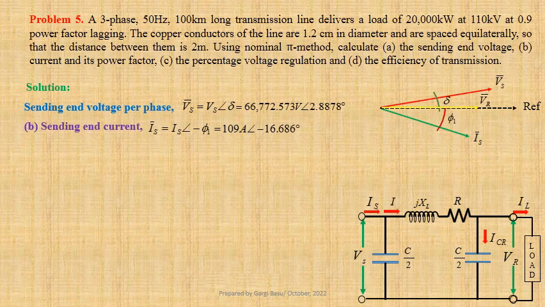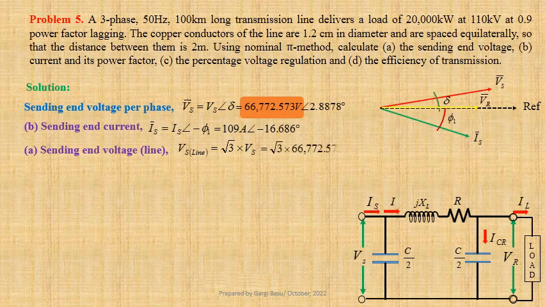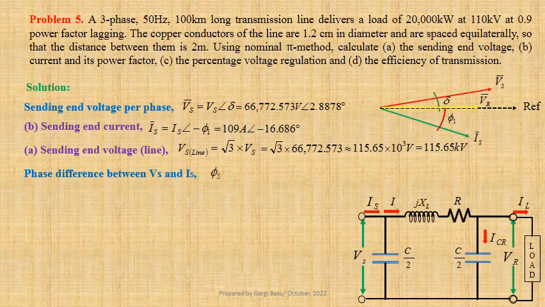For star connected system, line to line sending end voltage Vs line equals root 3 times Vs, that is root 3 into 66,772.573, which is approximately equal to 115.65 into 10 to the power 3 volt or 115.65 kilovolt. Phase difference between Vs and Is, phi s equals delta plus phi 1.